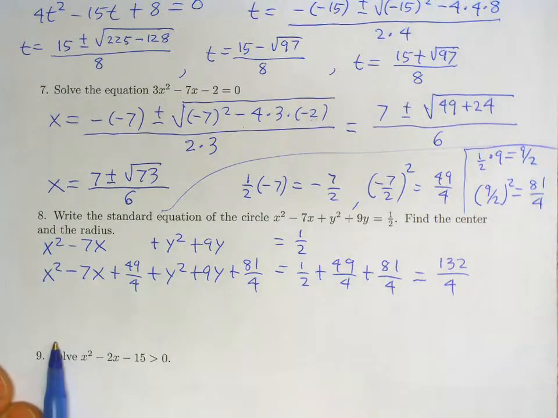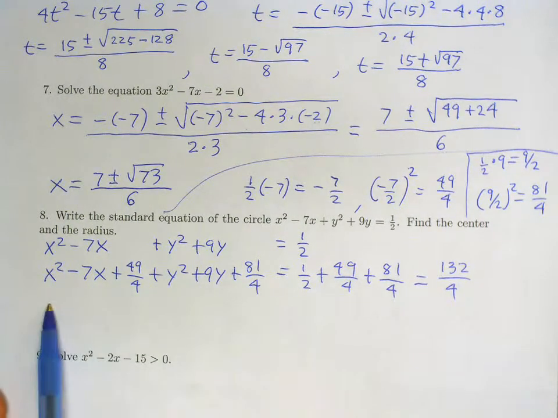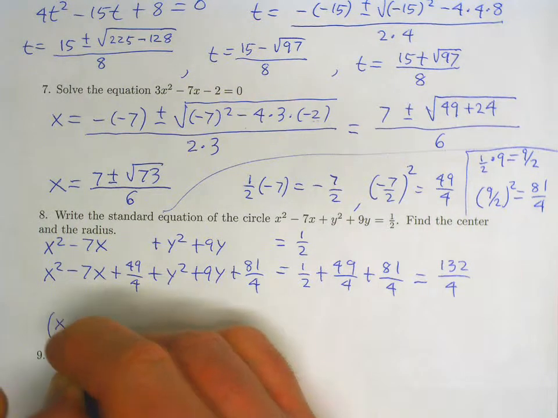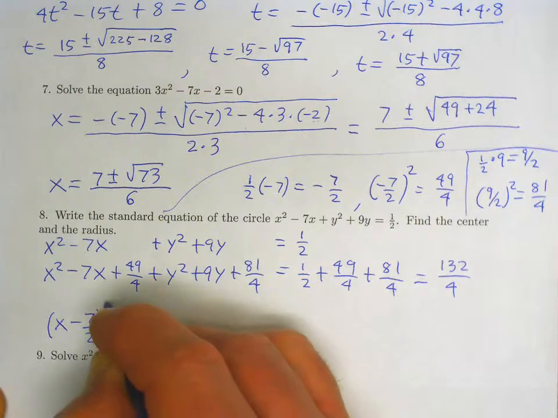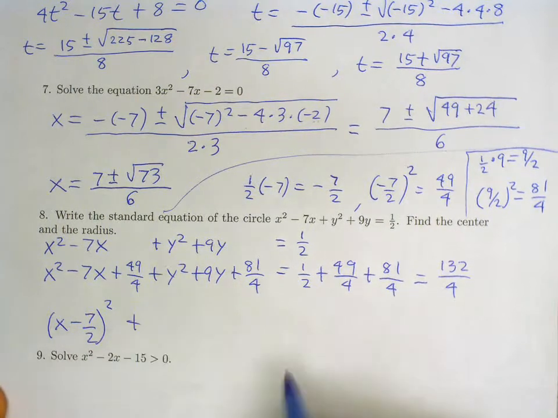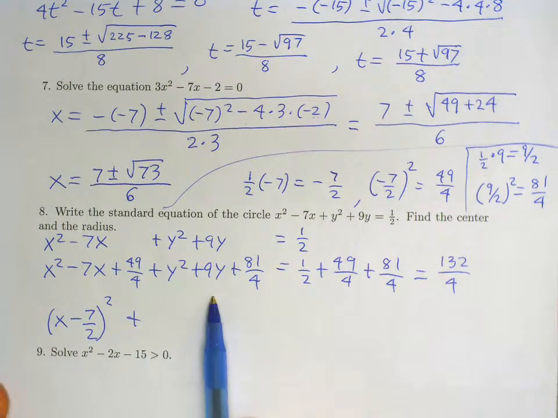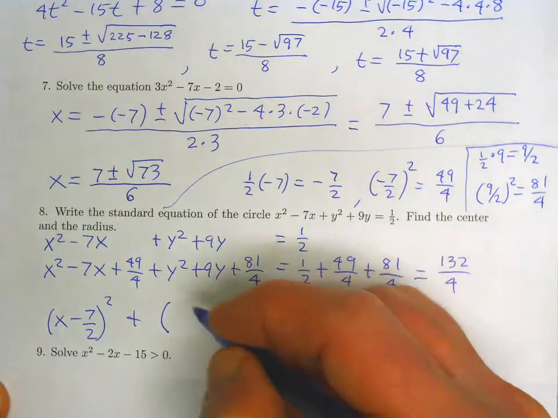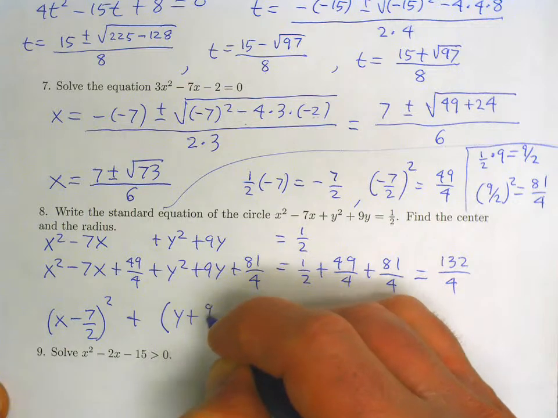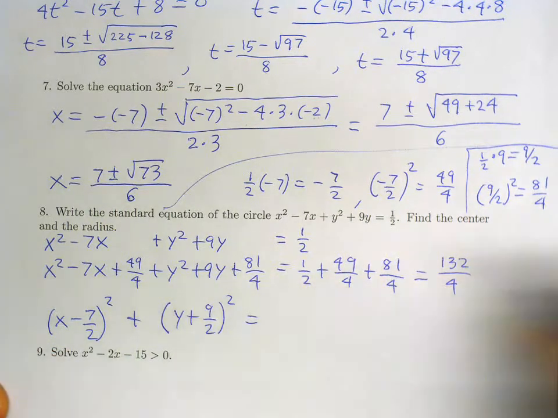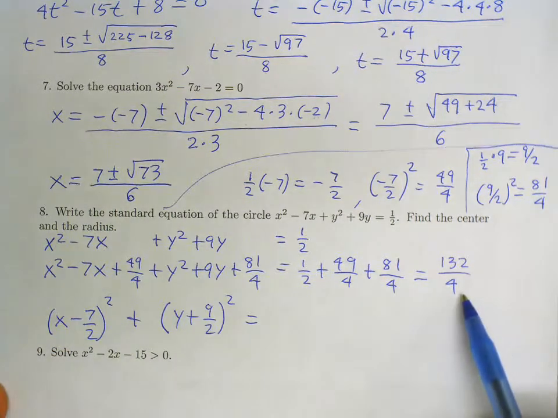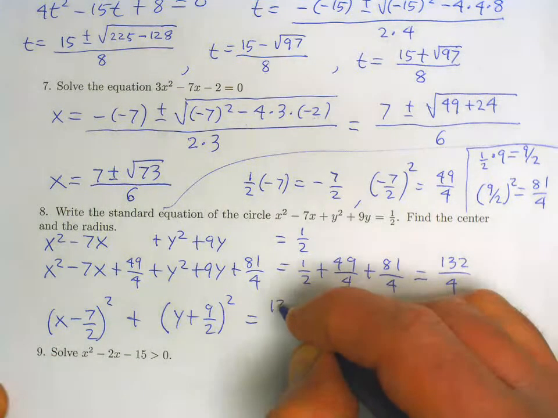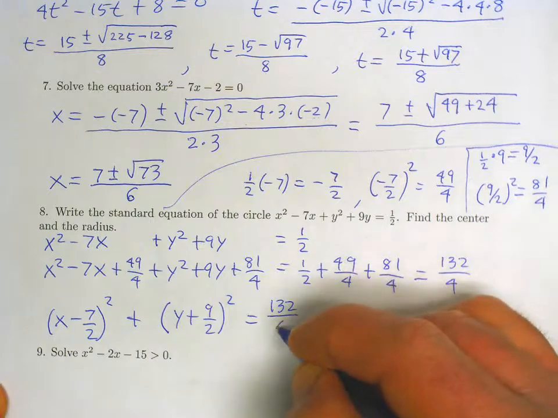Okay, then the next step, we'll write the standard equation. X squared minus 7x plus 49/4 is x minus 7/2 squared. And the other trinomial, y squared plus 9y plus 81/4, that's equivalent to y plus 9/2 squared. And then the right-hand side is the radius squared. So the right-hand side is 132/4.